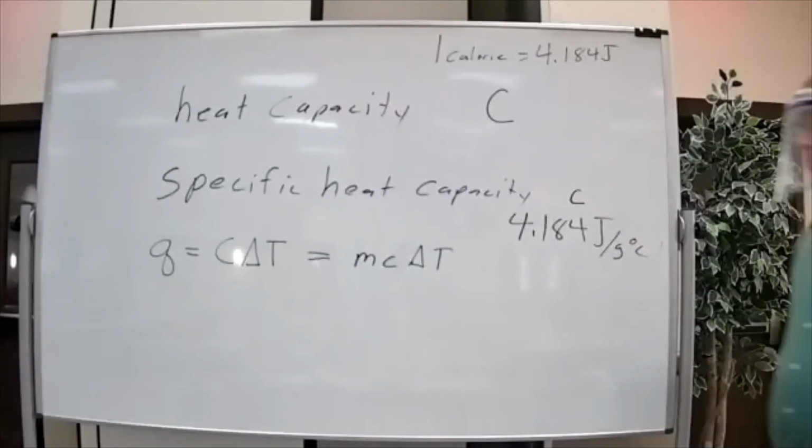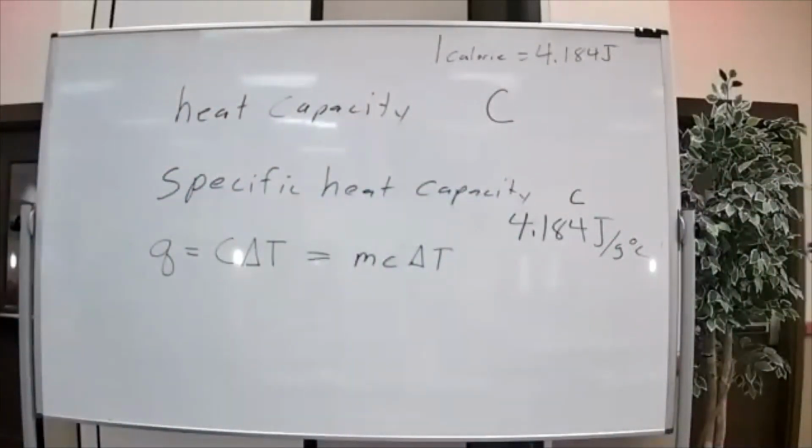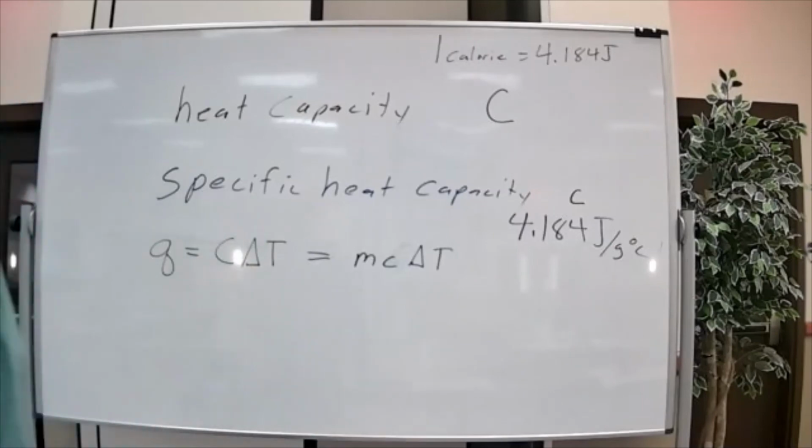Now, in addition, if I remain within the system and no heat goes out of the system and no heat goes into the system, the sum of all heat changes must be 0, right? So let's say I have a container of water and I put a hot object in there. What's going to happen to that water?